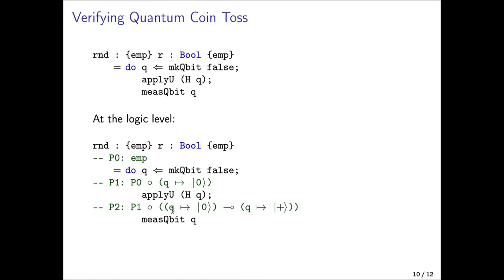We say that in the heap where q was pointing to 0, change that to q pointing to ket plus. And finally, when you do measurement, you can again apply the same postcondition where q pointing to something becomes empty. And this is the same as the postcondition we wanted in the type of the program.